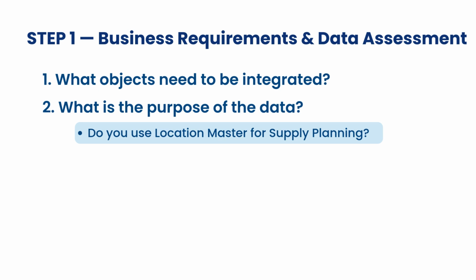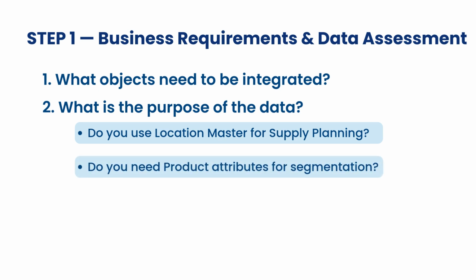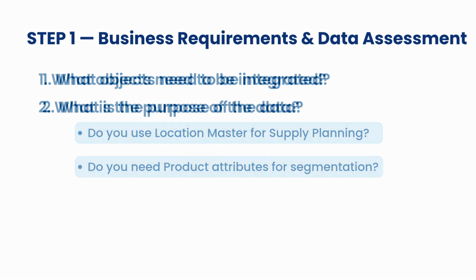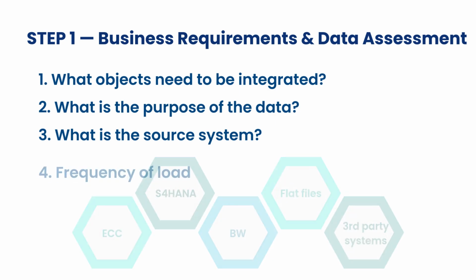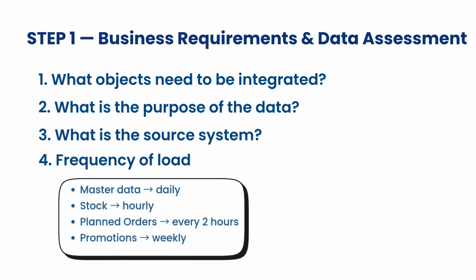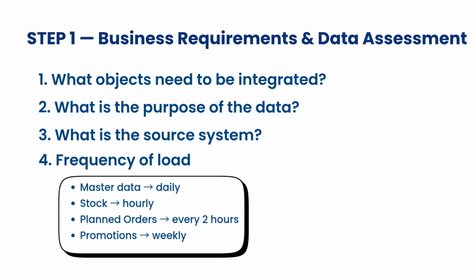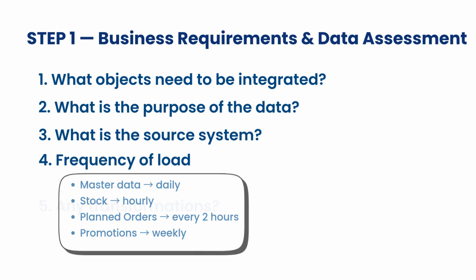Do you use Location Master for supply planning? Do you need product attributes for segmentation? 3. What is the source system? Possible options: ECC, S/4HANA, BW, flat files, third-party systems. 4. Frequency of load: master data, daily; stock, hourly; planned orders, every 2 hours; promotions, weekly.